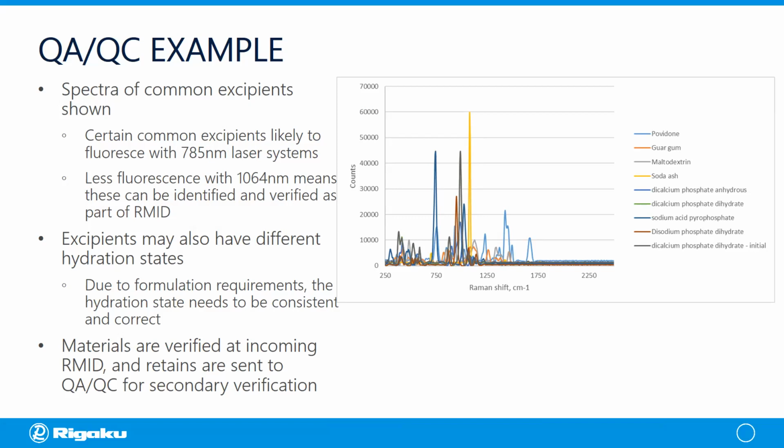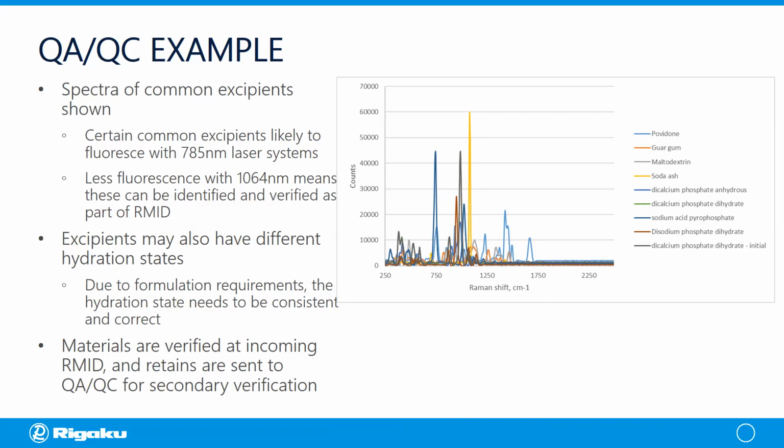But in this case, we're looking at this part of the QA/QC laboratory process. QA/QC receives samples from a process, and they have retained samples, and they want to make sure that the materials are what they say they are, and this is the correct materials that have been added.